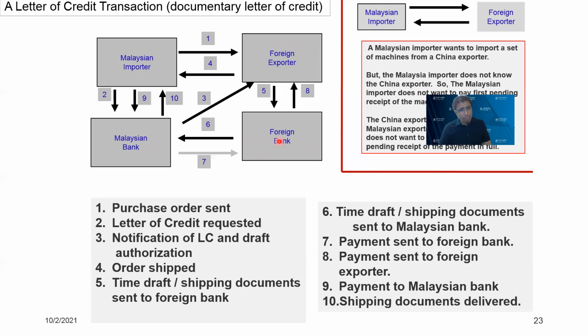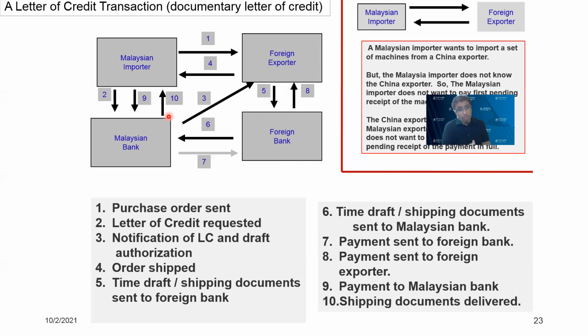Now, the Malaysian bank, of course, will pay, but if the Malaysian importer defaults and they didn't receive the documents and the goods stay in the port, then in this case it will become a liability and it moves from the on-balance sheet to the off-balance sheet.